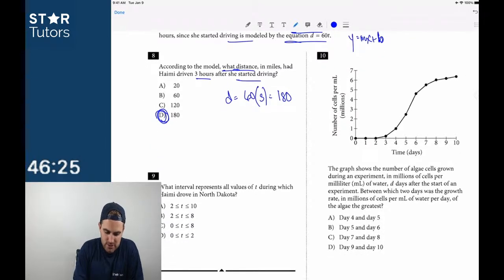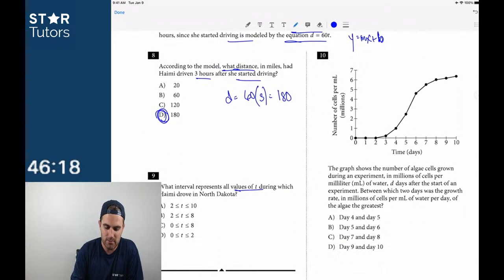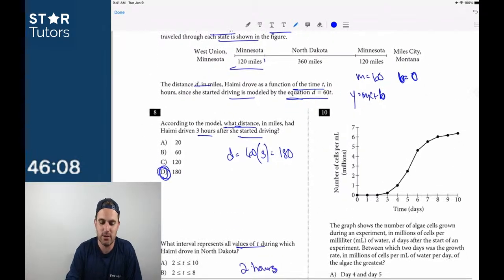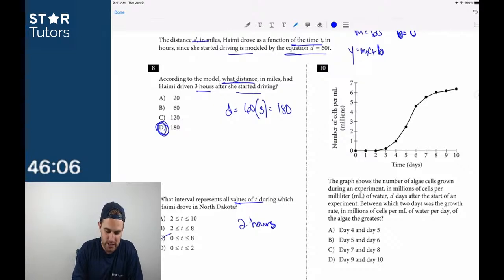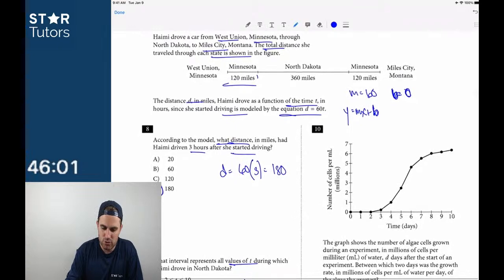What interval represents all values of t during which Jaime drove through North Dakota? So she drove through North Dakota after the 120 mile marker, right? So at 120, that would be 2 hours into the journey. I know that it's 2 hours because she's driving right in this first quadrant through Minnesota and then into North Dakota. So I know I can eliminate C and D. And then I'm going up to 360.